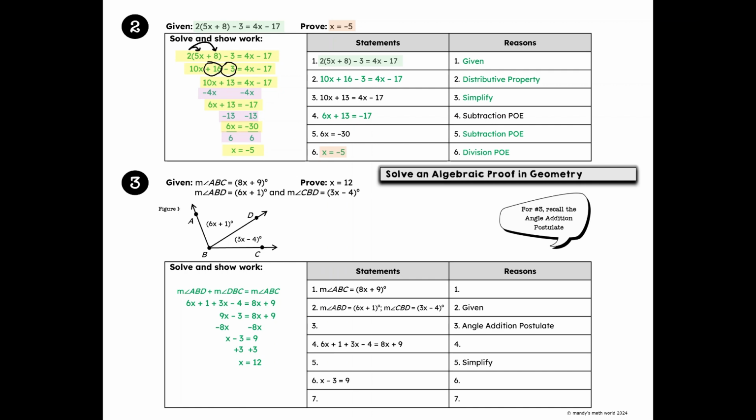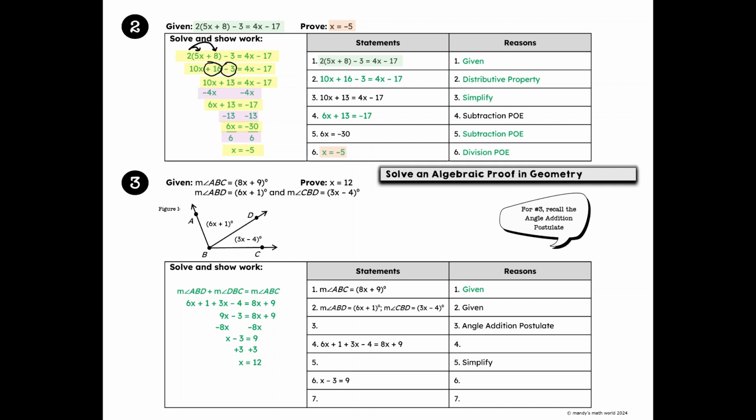Okay, now let's fill out this two-column proofs table. Well, I have the measure of angle ABC equals 8x plus 9. That's one thing that we're given, right? I have the other things that we're given as reason number 2, and I've got given as the reasons for both. You might see in a proofs table all the givens written in just statement number 1, right?